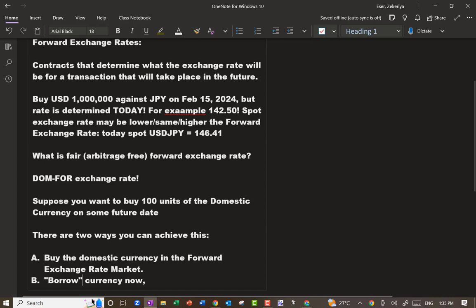You don't actually have to borrow it from a bank. If you already have that, you're borrowing it from yourself, right?